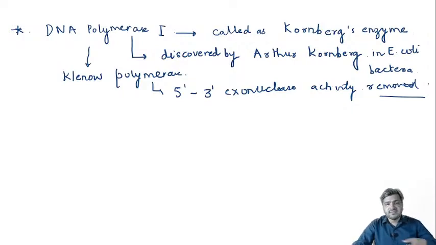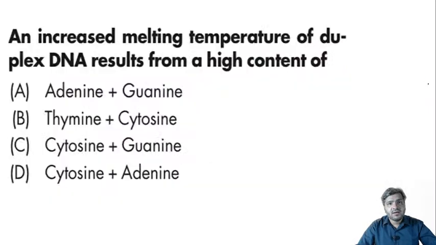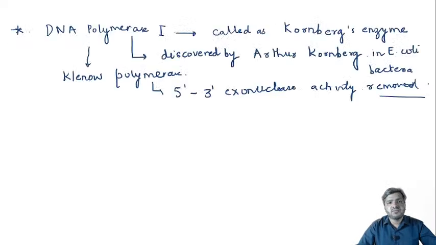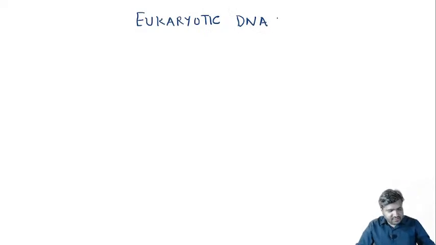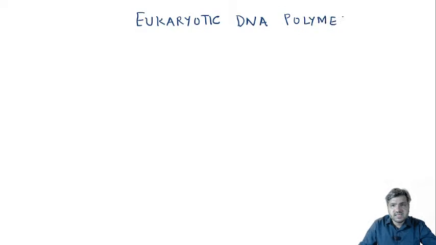Now guys, the very important part that I wanted to mention is the eukaryotic DNA polymerase. In one slide we will learn the complete eukaryotic DNA polymerase, so just try to draw it with me. Now, how to learn this?